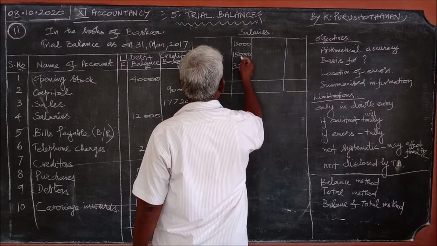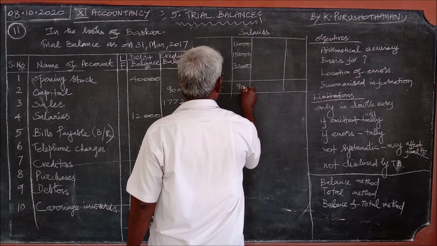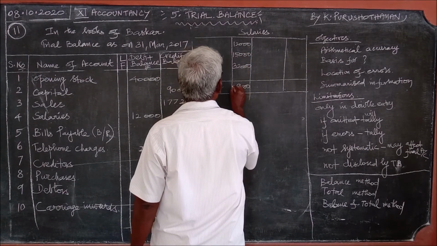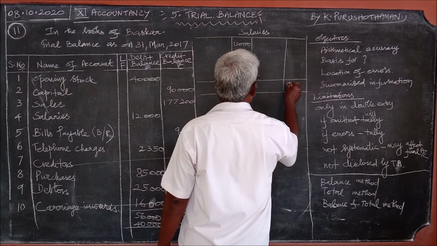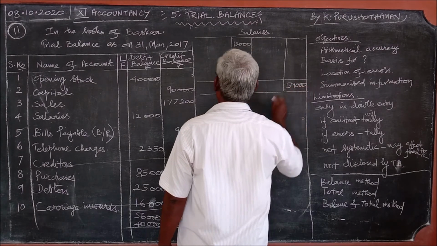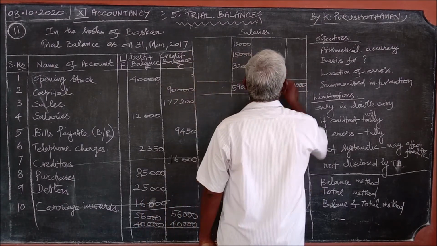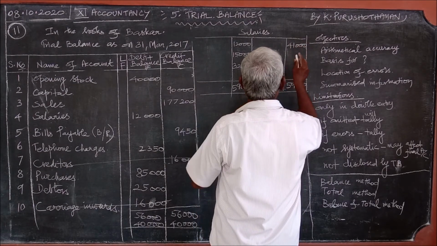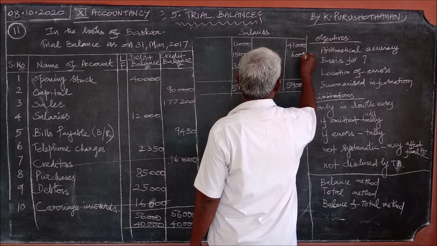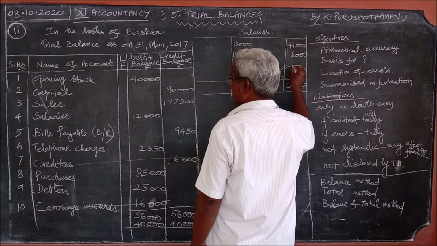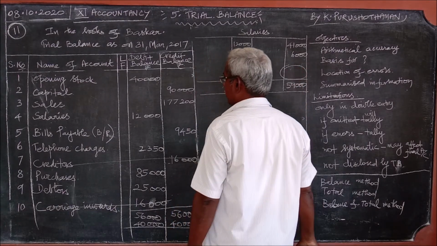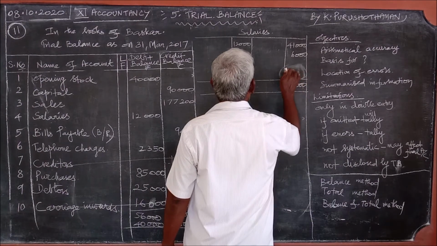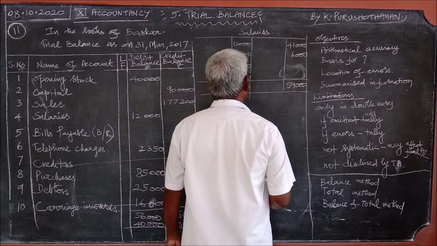The total is 59,000. Here also 59,000. 41,000 and 6,000. How much is missing here? This is salaries, debit side. 59, 61, 71.